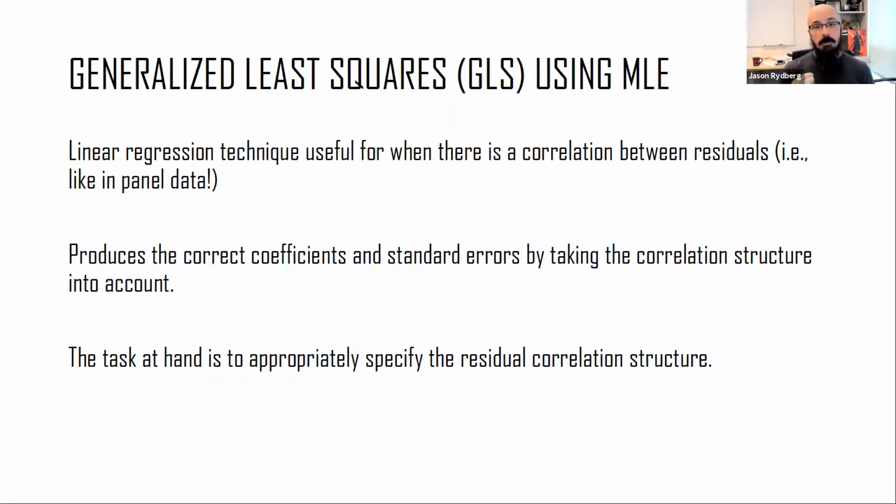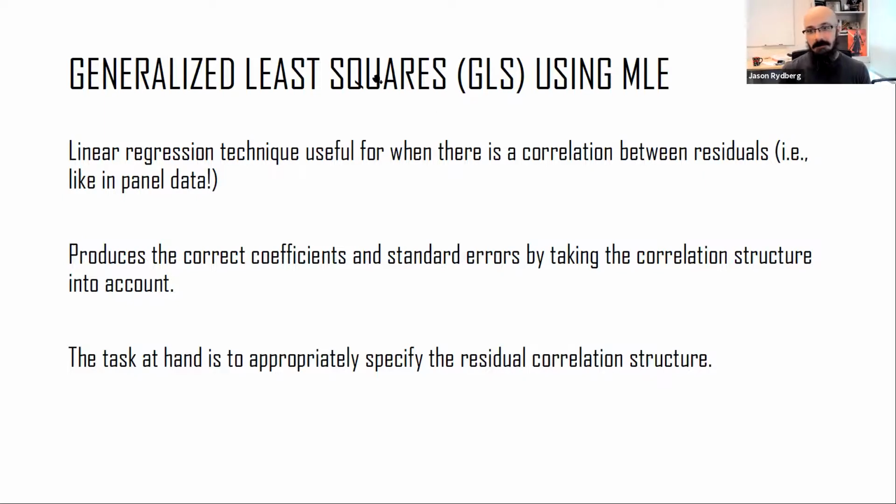It will provide correct parameter estimates and standard errors by taking some sort of correlation structure into account for both the parameters and the variance estimates. What we need to do as the researcher specifying the model is specify the appropriate structure for the correlations.